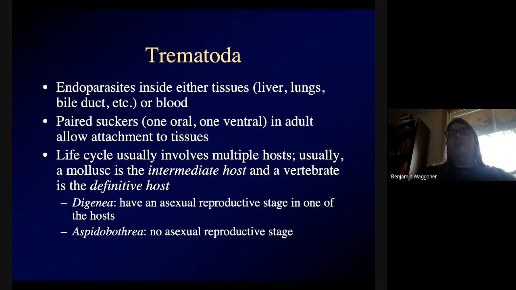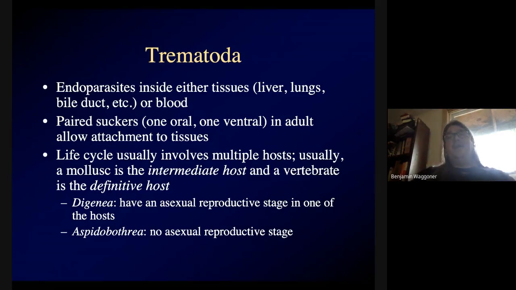And the life cycle involves multiple hosts. This can vary immensely, but typically the intermediate host, the one where sexual reproduction doesn't take place, is a mollusk. Very commonly, that's a snail.